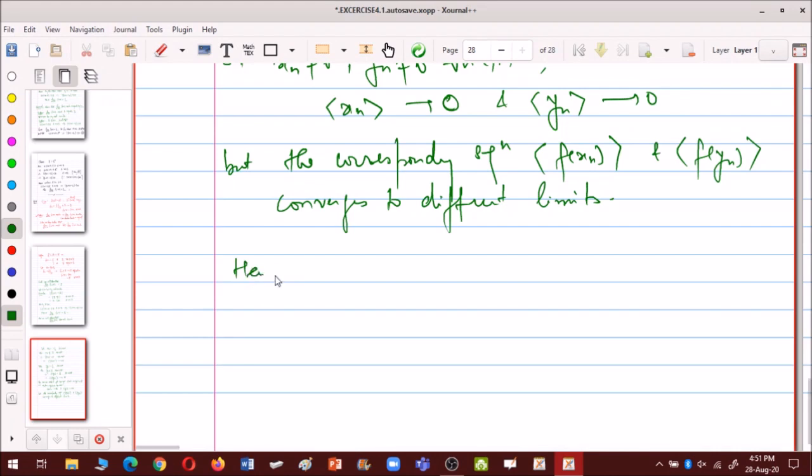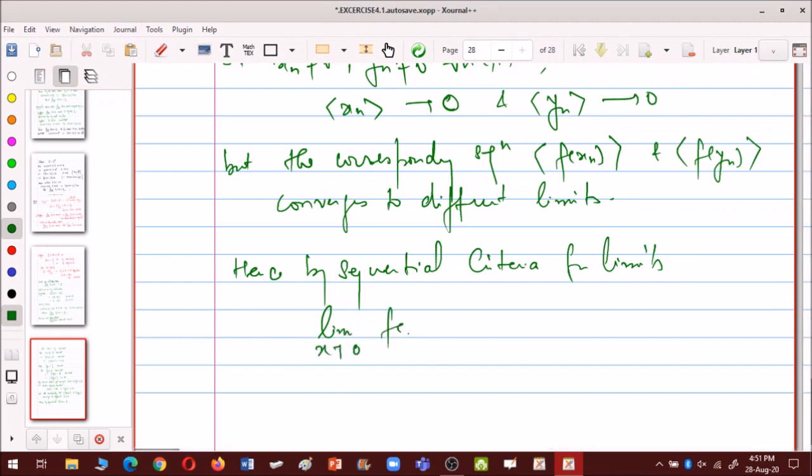Hence, by the sequential criteria for limits, limit x tends to 0, f(x) does not exist. So we have shown that limit x tends to 0, f2(x) exists, but limit x tends to 0, f(x) does not exist. So this is the proof of question number 17.